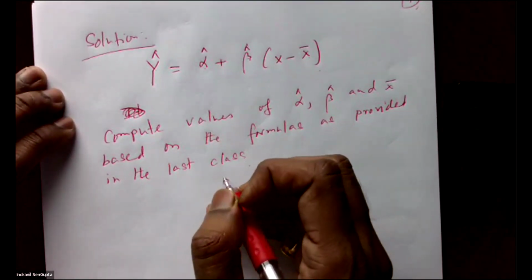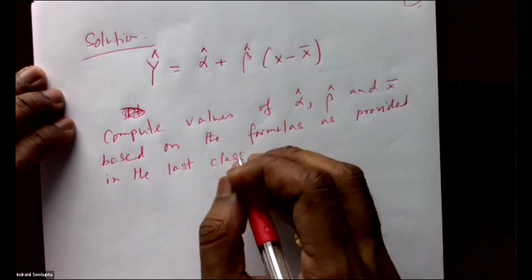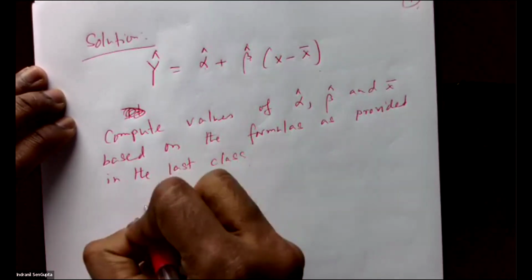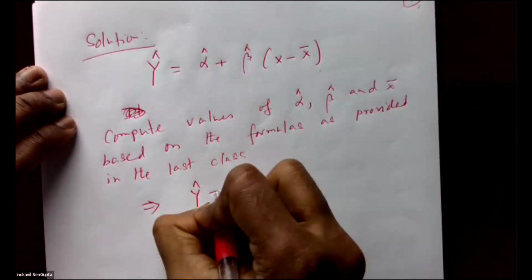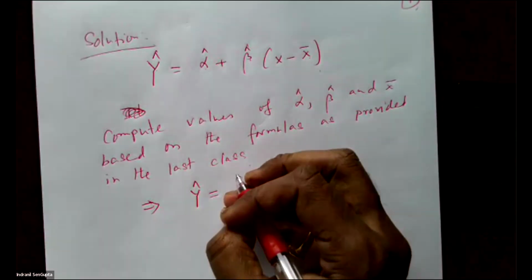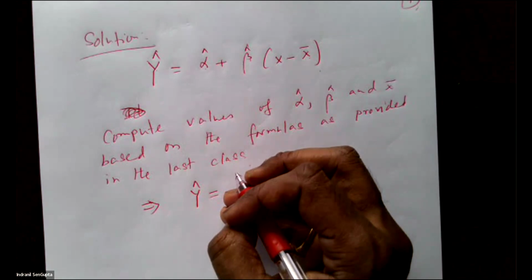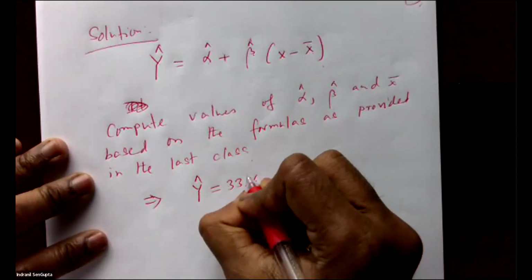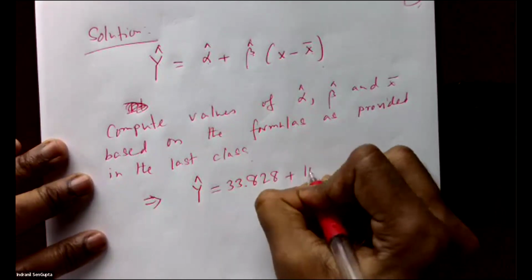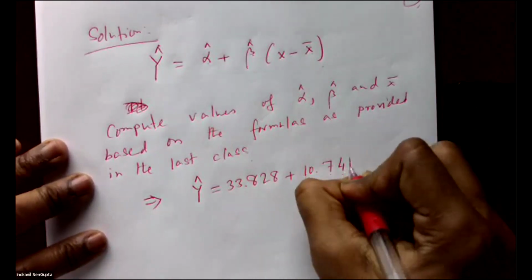Now, it can be shown that this y hat is given by 33.828 plus 10.741x.